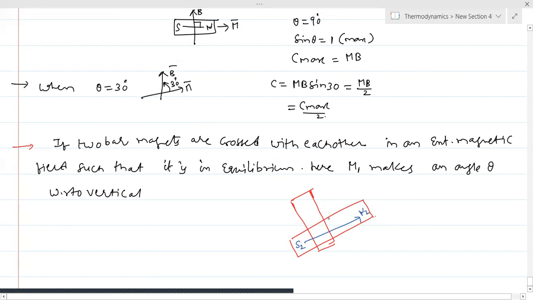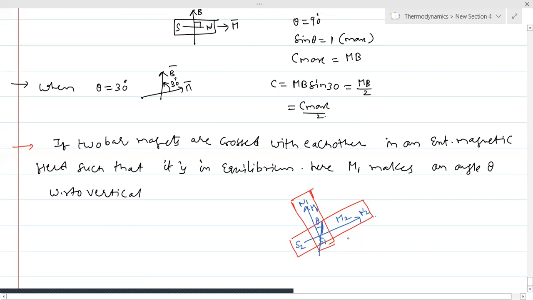From S2 to N2, we have the magnetic moment M2. Suppose this is the south pole and this is the north pole. So from S1 to N1, we have the magnetic moment M1. With respect to the vertical, we are observing that M1 makes an angle theta.